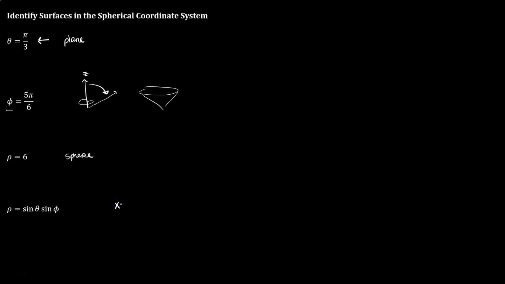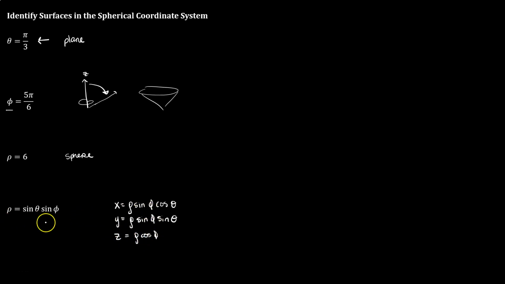We know that x is rho sine phi cosine theta, y is rho sine phi sine theta, and z is rho cosine phi.